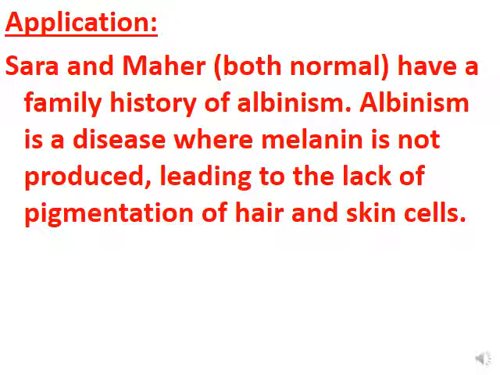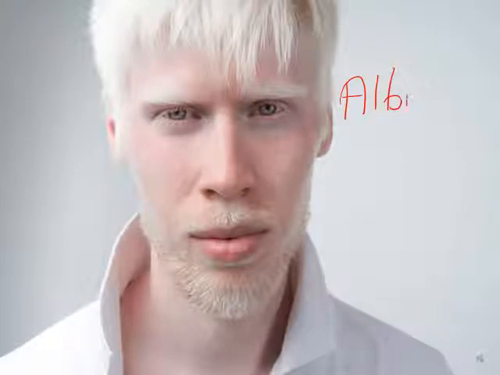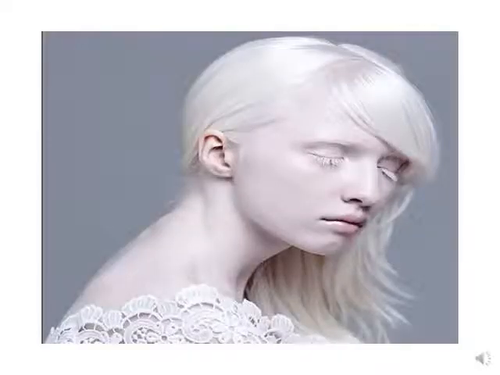This leads to the lack of pigmentation of the hair and skin. The person that has albinism is said to be an albino. They mostly have white hair. So this is albinism disease.